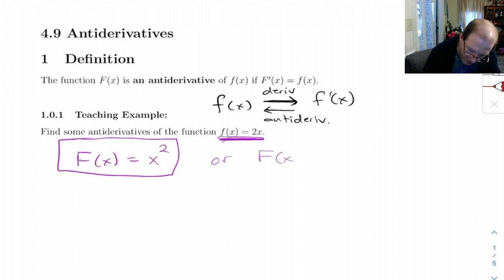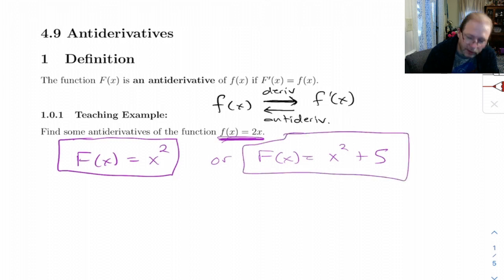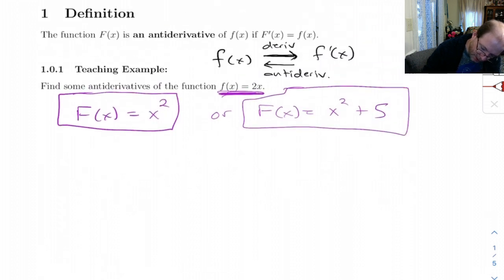Another answer would be f of x is x squared plus 5. Why 5? Well, no particular reason. It's a constant. So if we take the derivative of this function, we'd get 2x plus 0, which is still just 2x. So really, what we could do is write this in general.